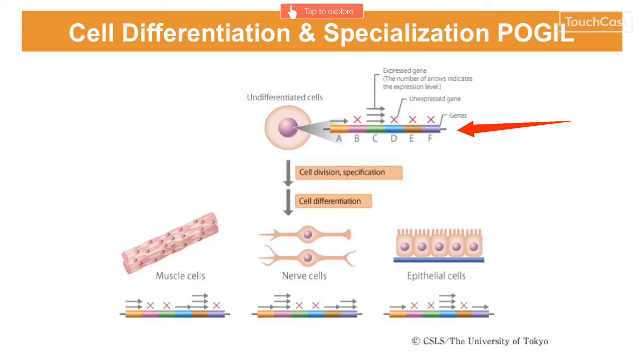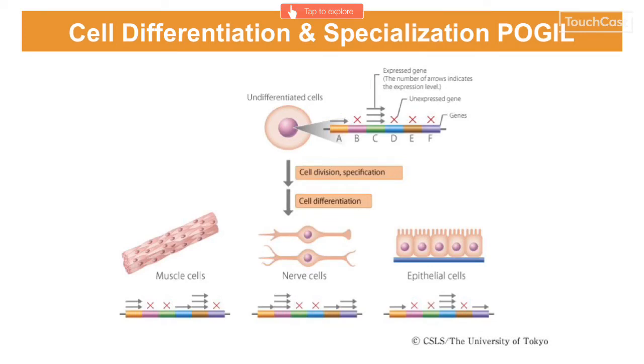There's no transcription happening, there's no translation happening, right? If there's an arrow to the right, like we have right here, that means that gene is being expressed, that there's protein being created. So we can see that gene A is being expressed, and gene C over here is being expressed even to a greater degree than gene A. There's a lot of transcription and translation going on there.